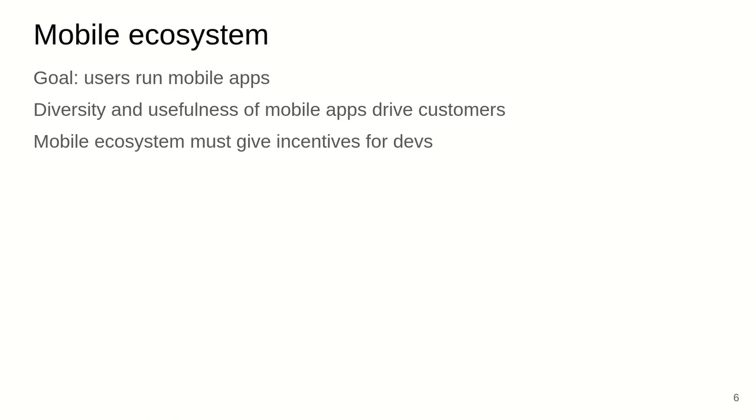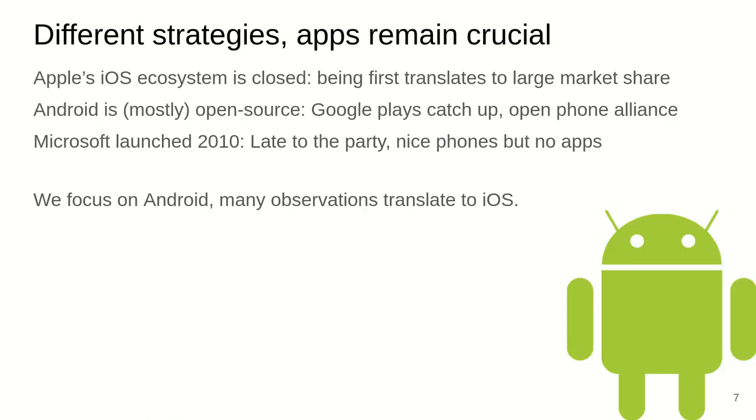So diversity and usefulness of these mobile apps drive the customers towards certain applications and then allow them to spend money on it. The mobile ecosystem, to actually encourage developers, must give different kinds of incentives to them. And there are trade-offs and strategies between these different ecosystems that exist. So Apple and Google have slightly different strategies, but for both of them, the apps remain crucial.